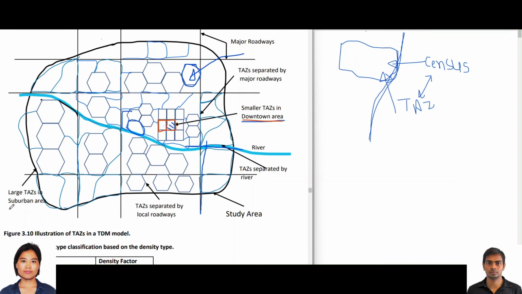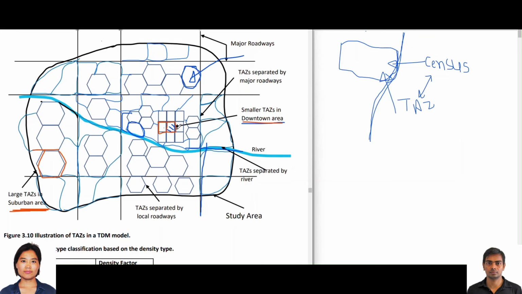Then when we go to the suburban area, houses are spread apart, so we will have larger TAZ sizes. So the size of a TAZ depends on how dense the area is. If we are looking at a map and some locations have smaller TAZs and some locations have bigger TAZs, that gives an indication of how dense the area is.